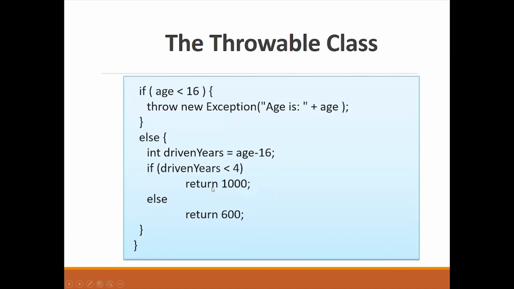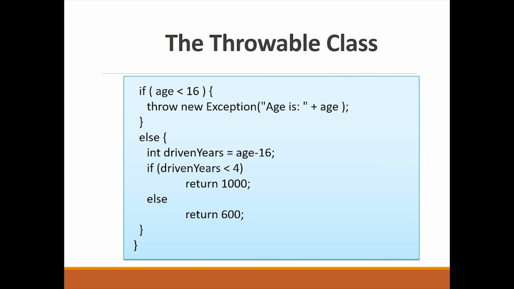And now we're going to get inside an if else statement. As you can see, I'll be creating a new object of the exception inside the if. So if the age is less than 16, I'll throw a new exception to it, and it will say that the age is equal to whatever age is given, and else it's going to compute for whatever insurance there is.